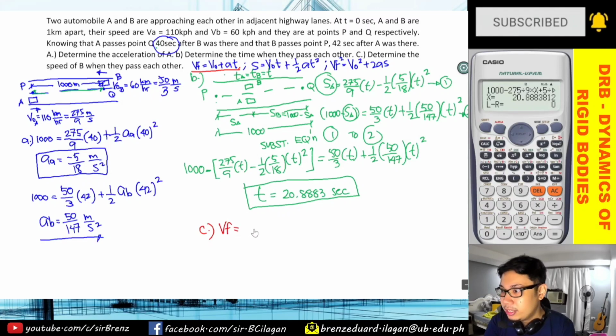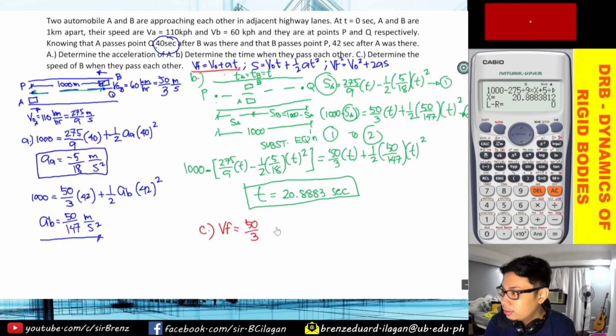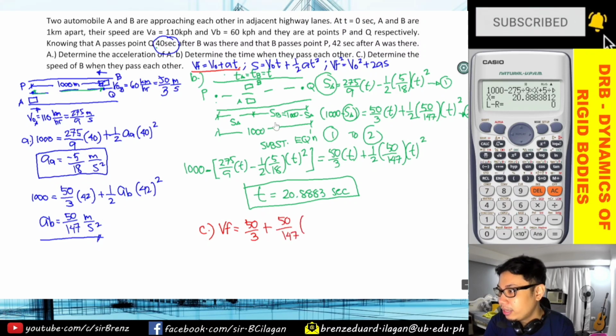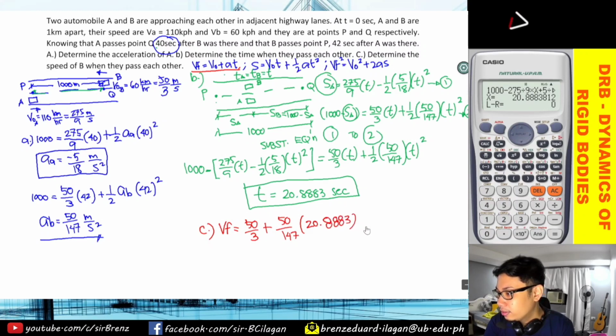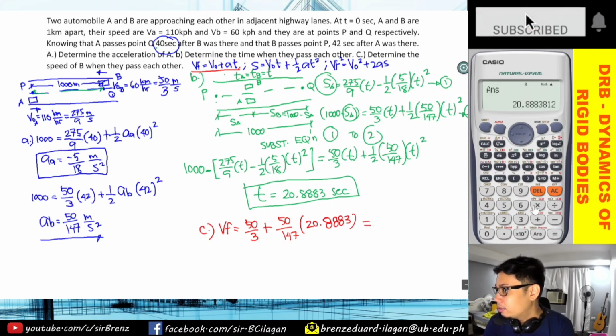So again, ang hinahanap is final velocity. So given naman yung initial velocity na 50/3. And then plus yung acceleration, nakuha rin natin, 50/147. So yung time na gagamitin is ito na. Na-compute natin kanina. So what will be the final velocity? So, yan na yan.